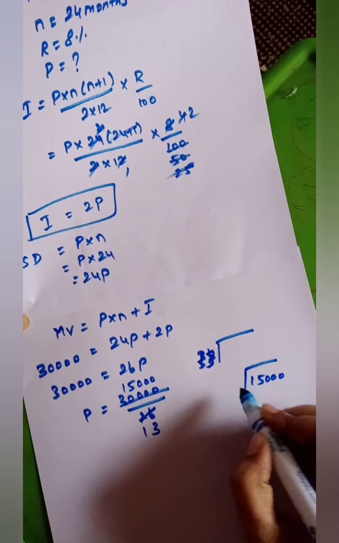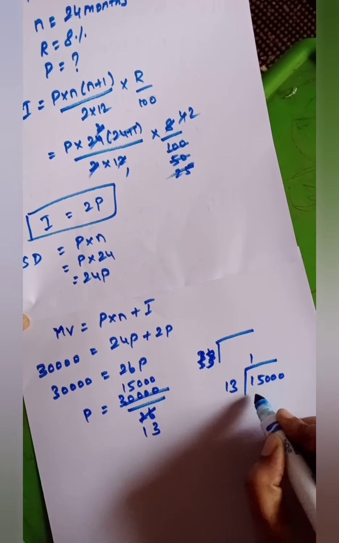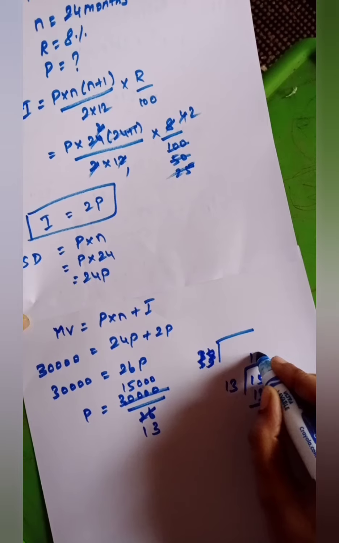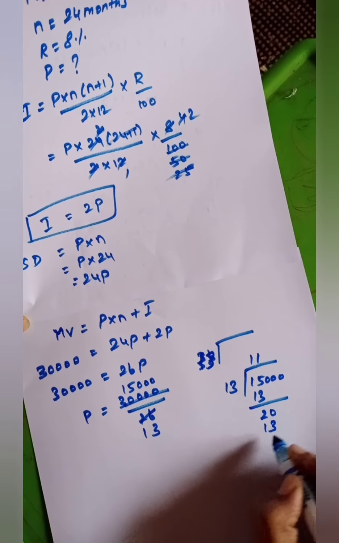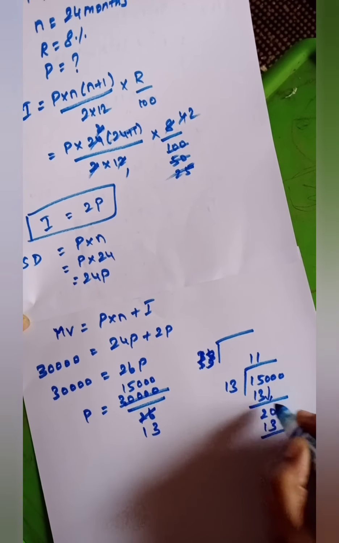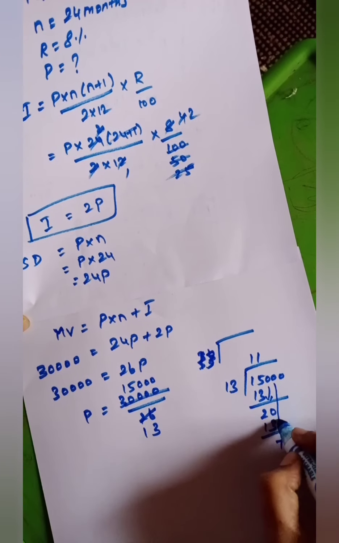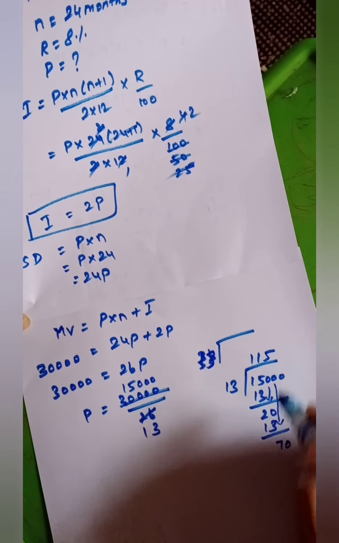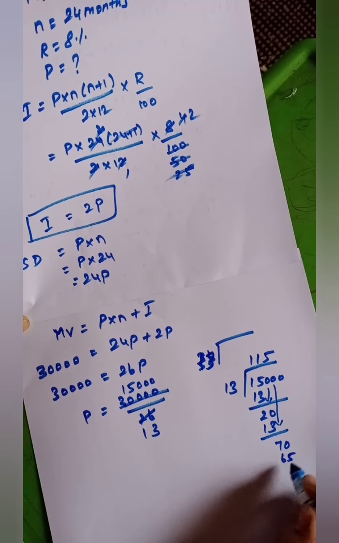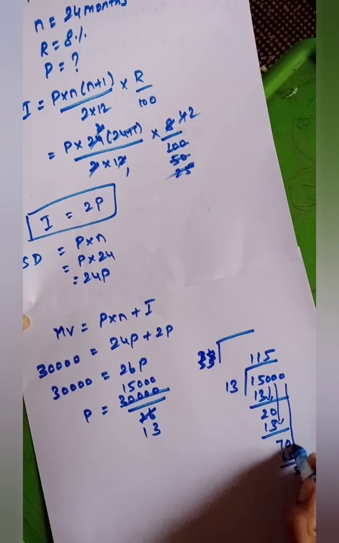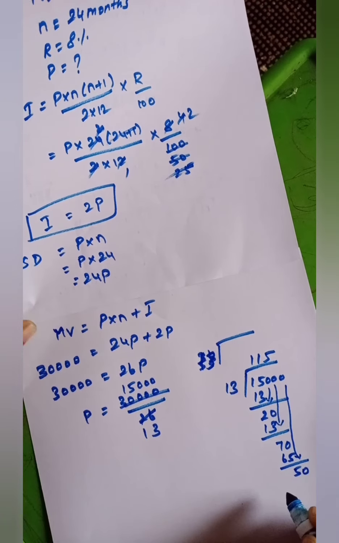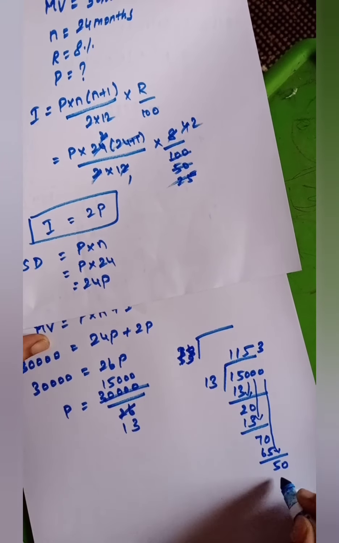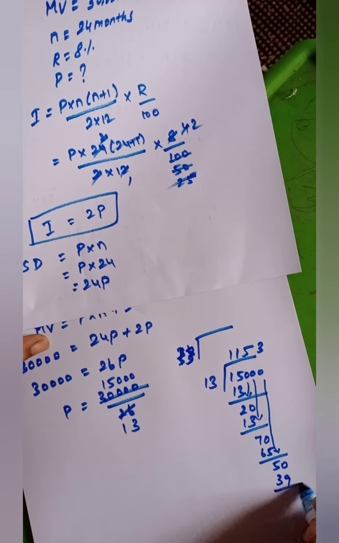15,000 divided with 13. 13 ones are 13, remaining 2, and again 13 ones are 13, remaining 7, and 13 5s are 65, and remaining 5, and 13 3s are 39, remaining 11.